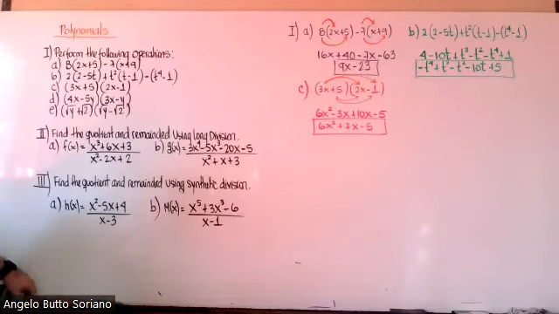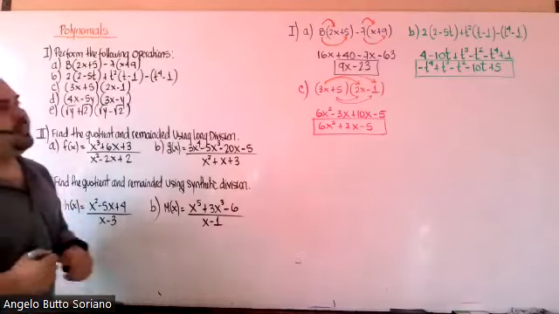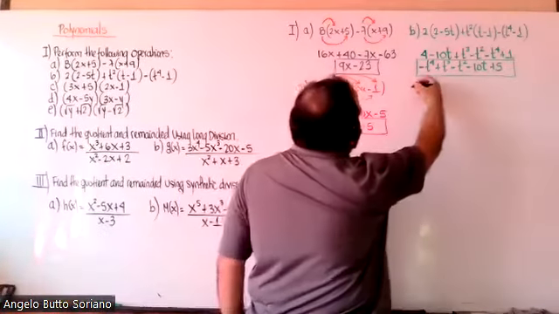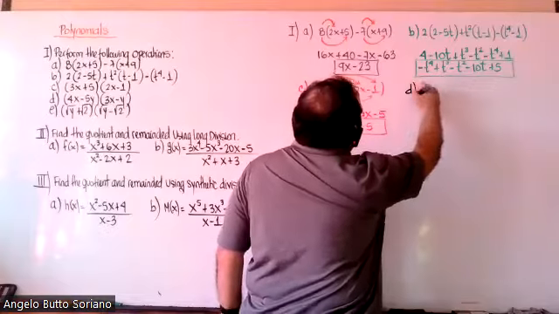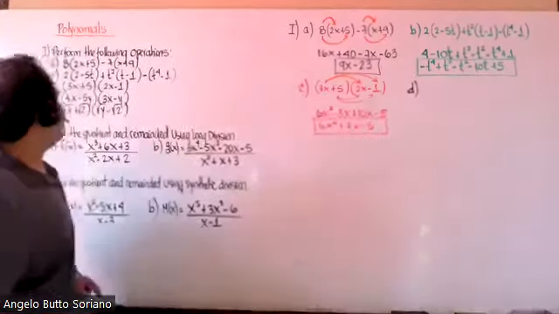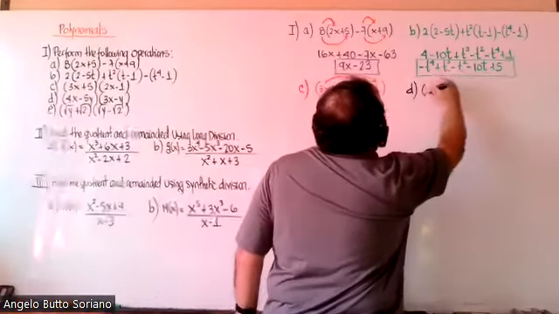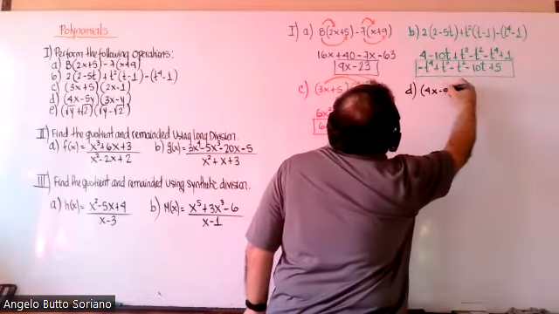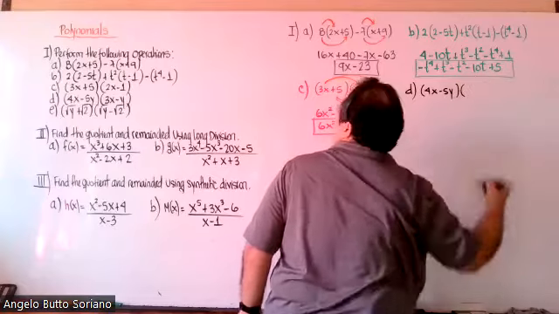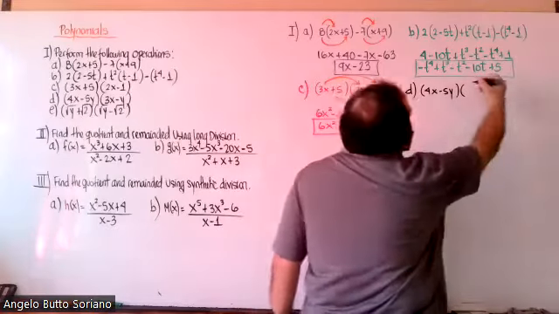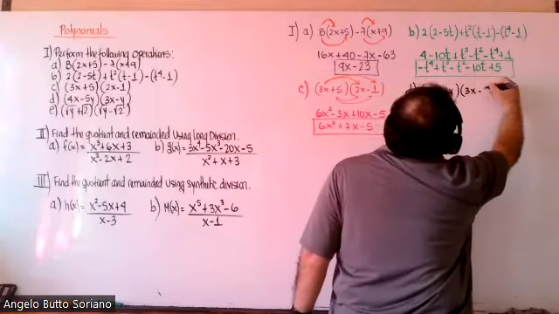Now, let's perform the letter D. In the letter D, we have 4x minus 5y, close parentheses, times 3x minus y.